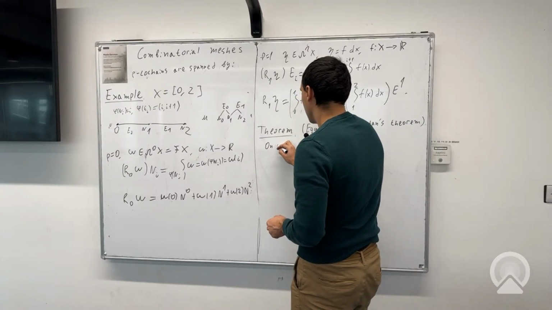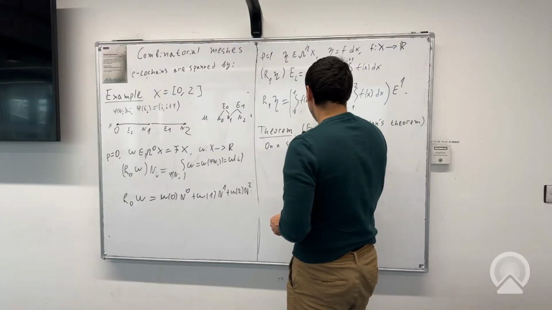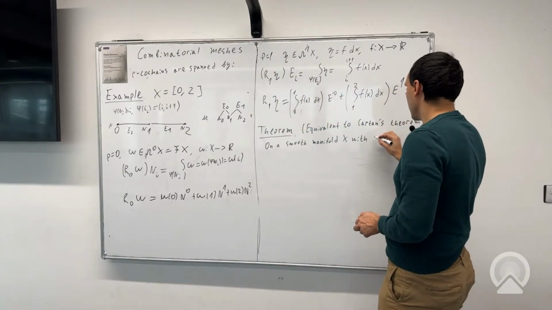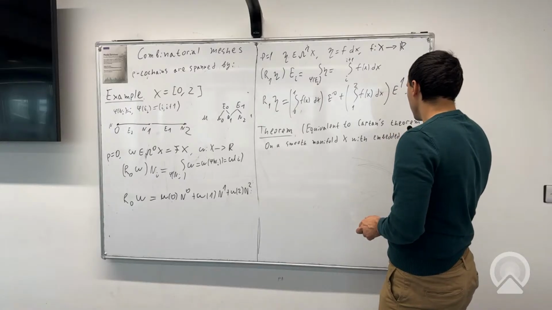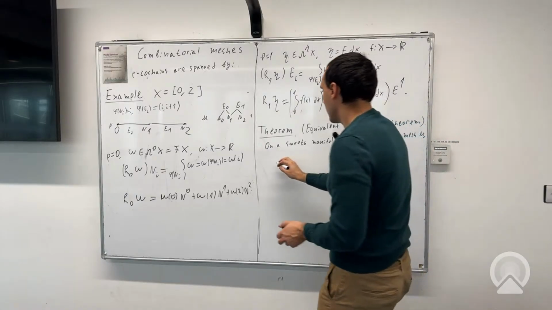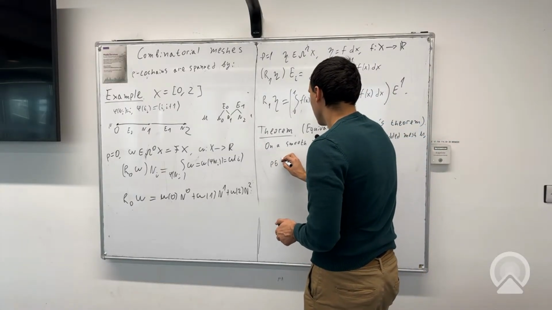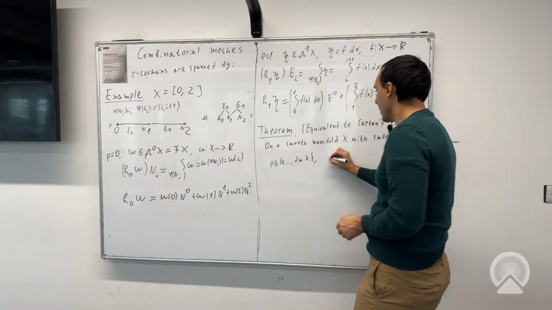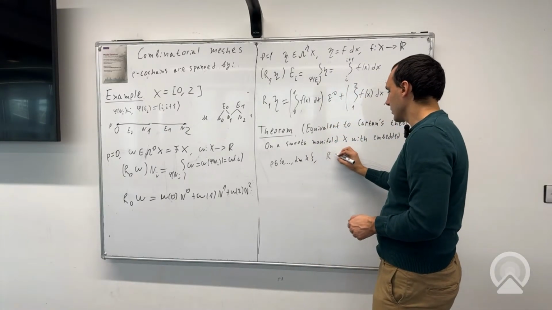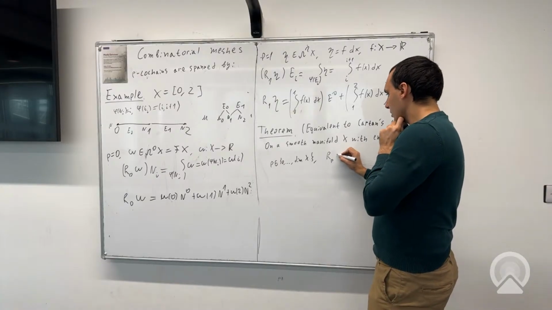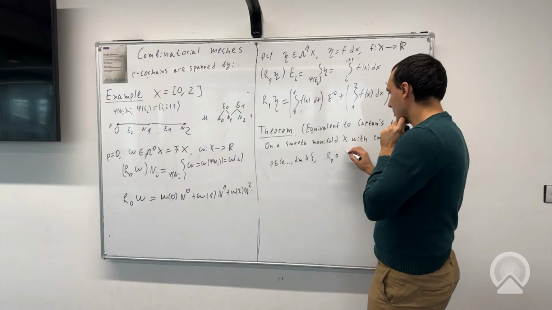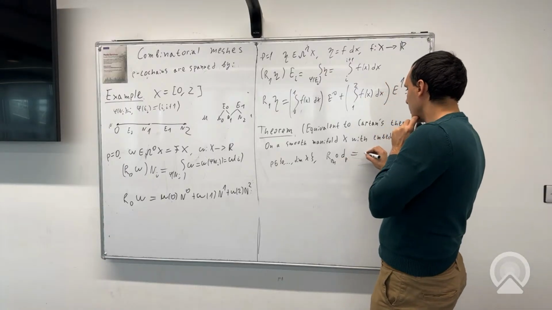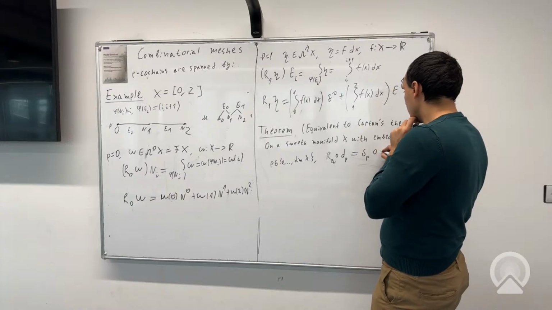So on a smooth manifold X with embedded mesh M, and p from 0 to the dimension of X, we have that R_{p+1} composed with d_p is delta_p composed with R_p.